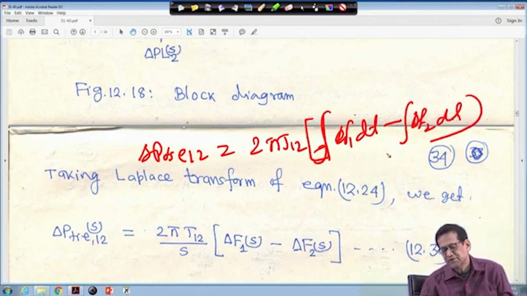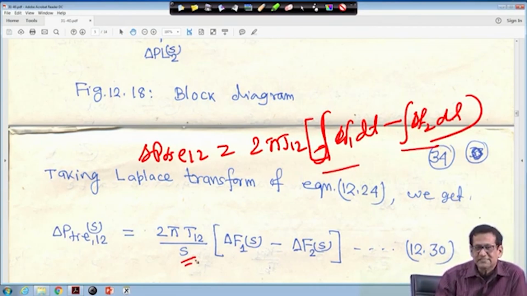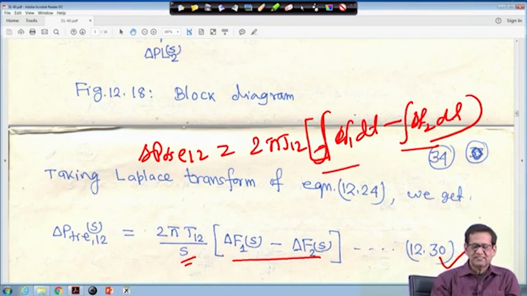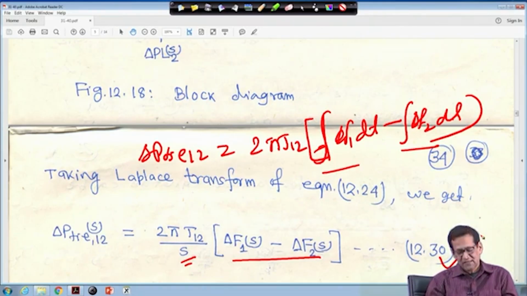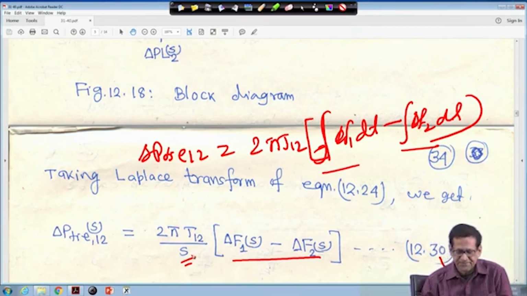If you take the Laplace transform on both sides, because of integration it will be 1 upon s. So, 2 pi T12 upon s into delta f1(s) minus delta f2(s). This is equation 30. So, the small perturbation tie line power flow model can also be obtained using the Laplace transform.